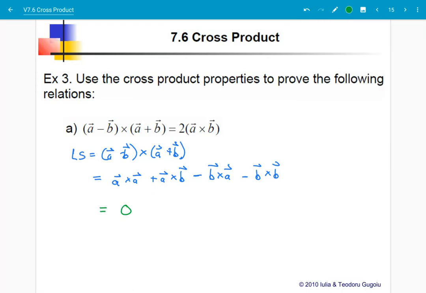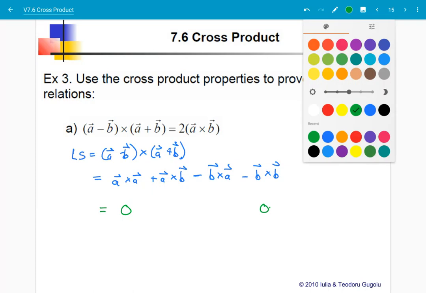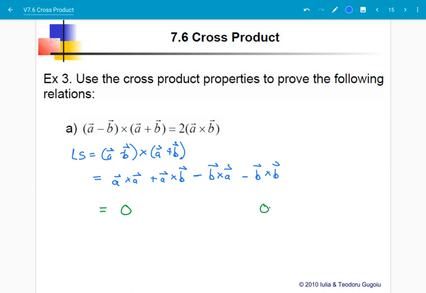So that's 0. This is 0. And remember the anti-commutative property of cross product means that this, of course we're not changing that, but this is the same as this. So we have 2 A cross B which is the right side. And that's quite easily done.